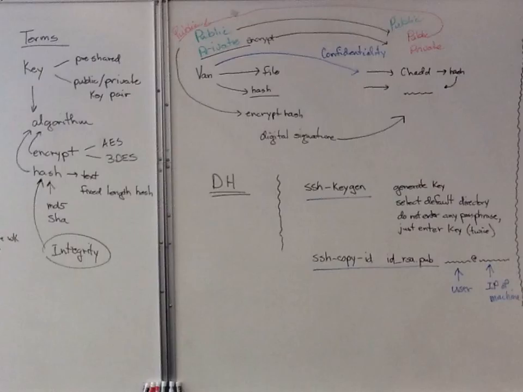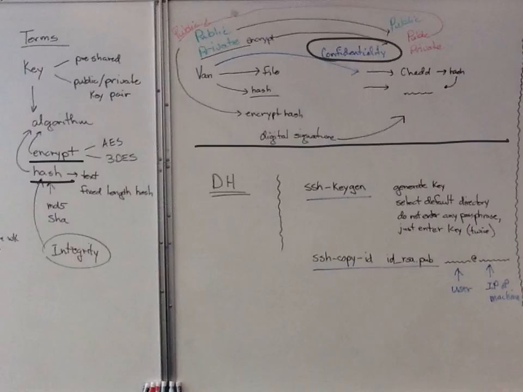Here, we're just making a reference. We talked about encryption and hashing. We gave the example here of how we use encryption and hashing for confidentiality and integrity between the computers. And then here we talked about how to do that between two Linux boxes.